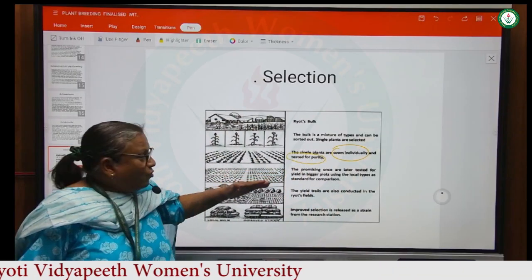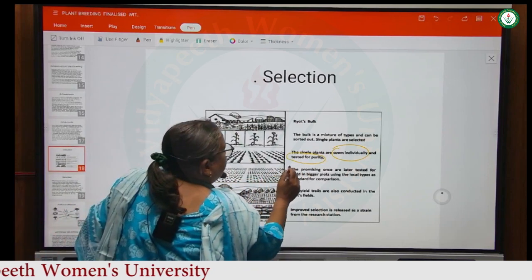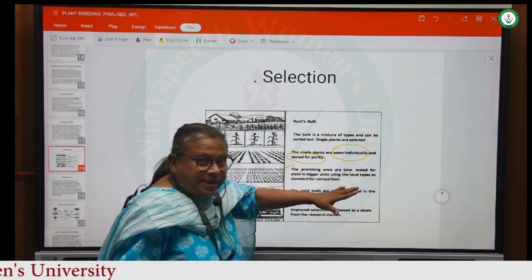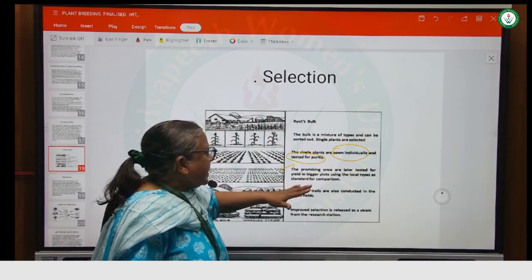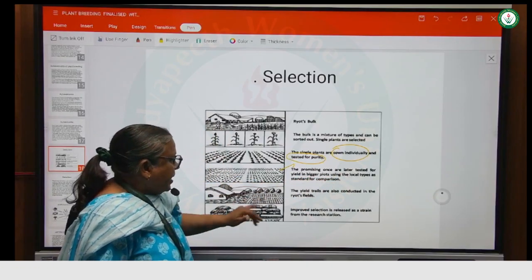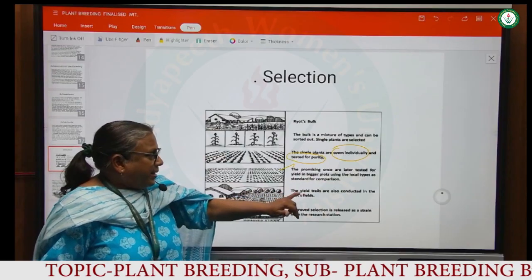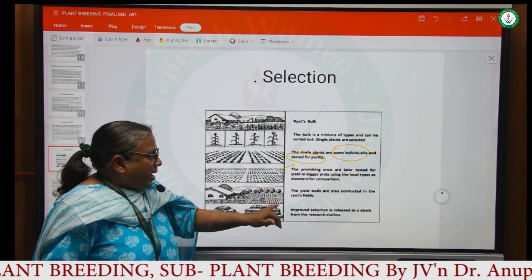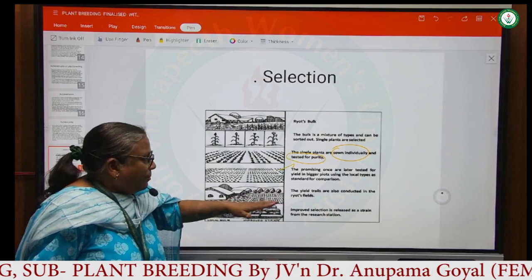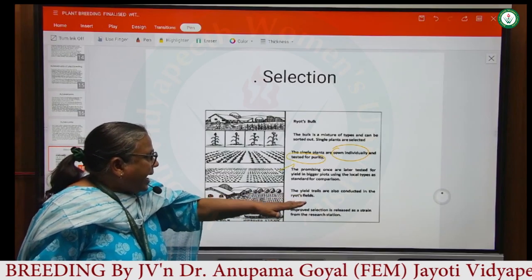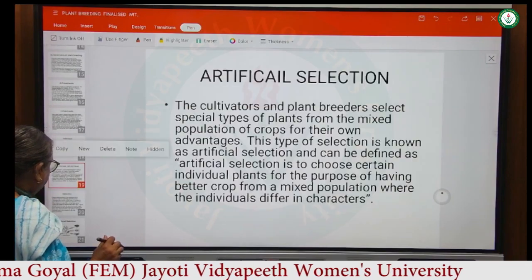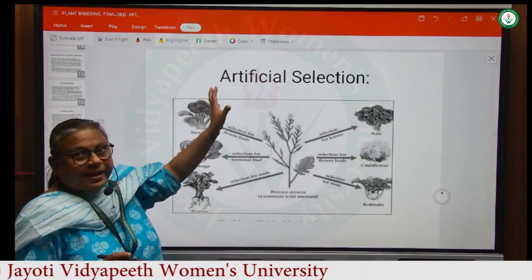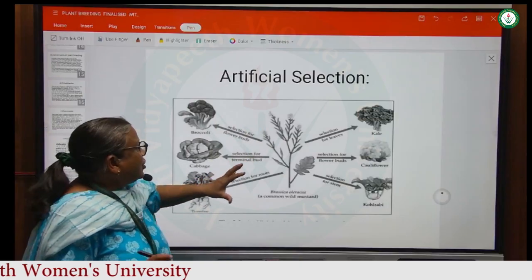The promising ones are later tested for yield in bigger plots using the local types as standard for comparison. Then yield trials are conducted in the rice fields, and the last improved selection is released as a strain from the research station.